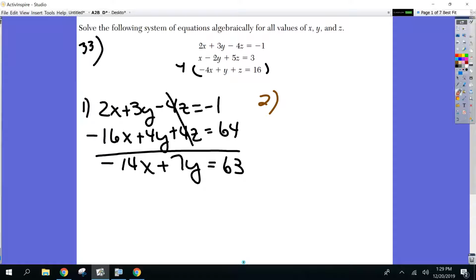Okay. So let me rewrite the second one. x minus 2y plus 5z. All right, if you want to take the third one, what are you going to have to multiply it by? -5. All right, let's multiply it by -5, everybody. Many combinations of ways. This is not the only way to do it. Many combinations of ways here.